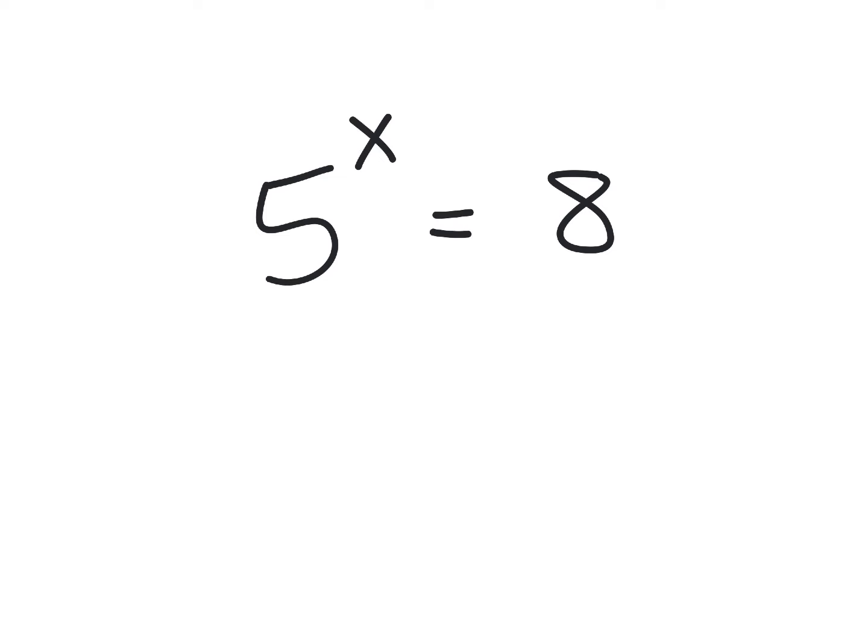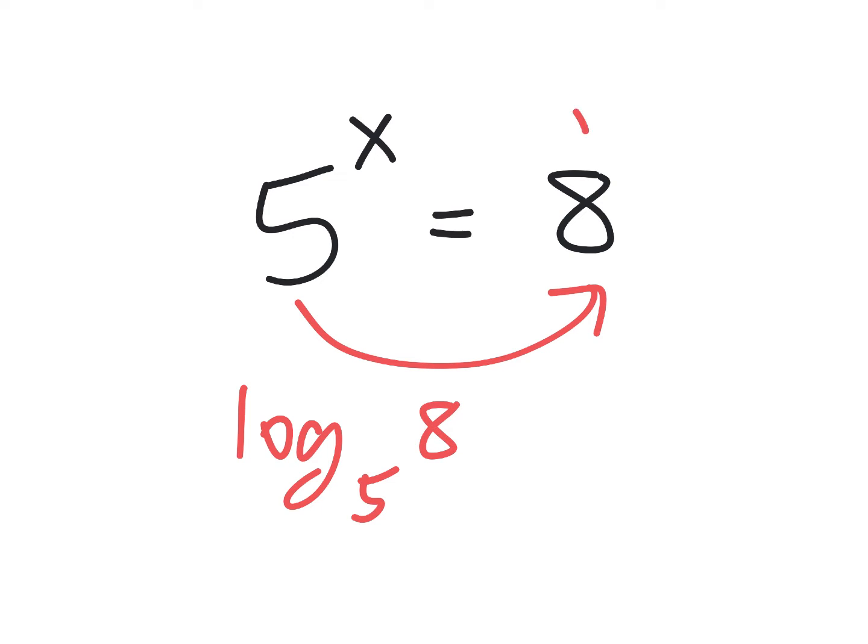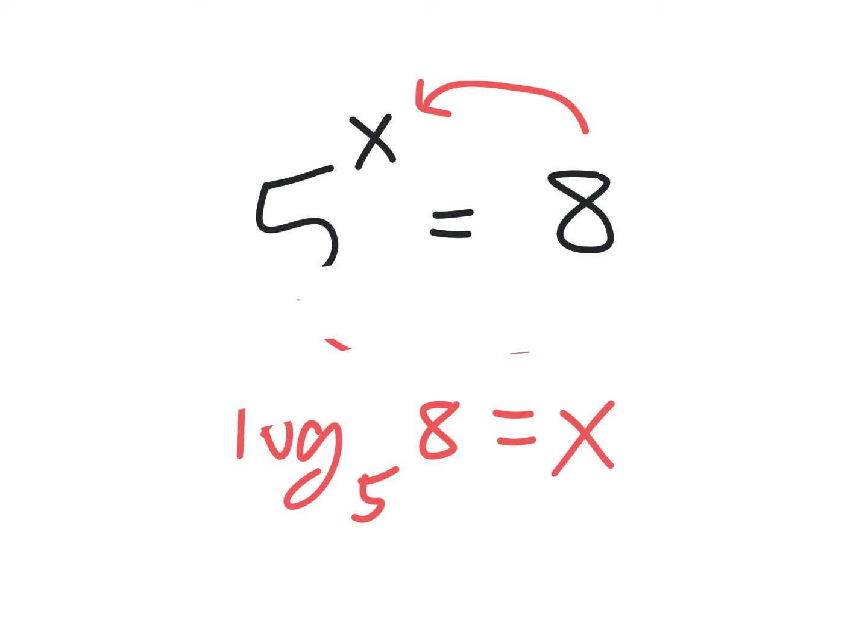Now you solved it probably this way. You probably said log base 5 of 8 equals x. Now what I'm about to show you is not better, it's different, and in some circumstances is a lot easier. Okay, so watch how this is different.